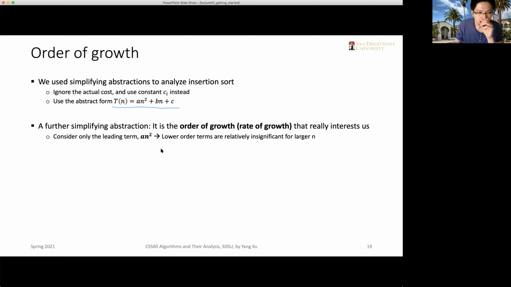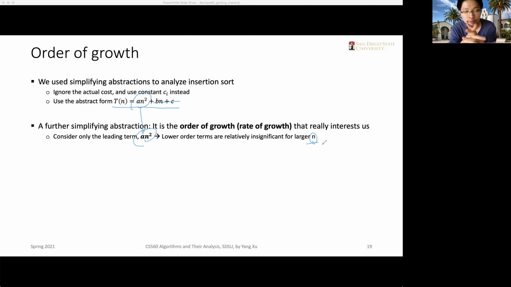So we can consider only the highest order term, and we can ignore the lower order terms, because compared to the function a times n squared, the lower order terms are relatively insignificant as long as your input n is big enough. The difference can be smaller when n is small.